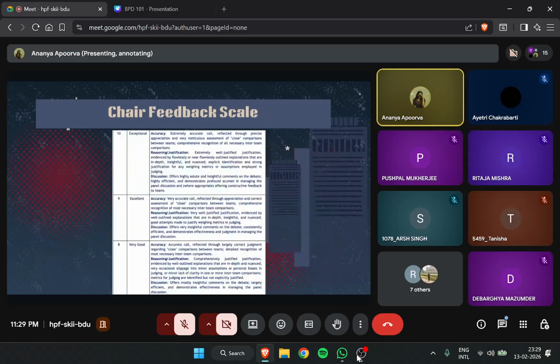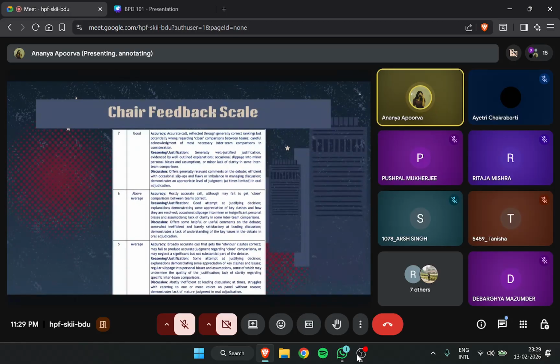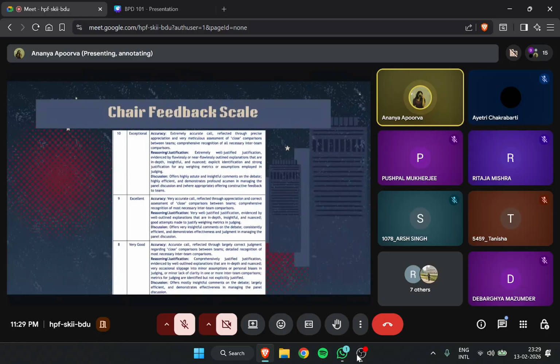So again, there is this scale that I've attached. You can go through it later. Chairs are scored on a scale of 0 to 10, average being around 6 or 7. Then you can go higher if they're very, very good and lower if they're very bad. This is the scale on which wings and trainees score the chair, as well as the scale on which the team members or the debaters score the chair on the basis of their oral adjudication.